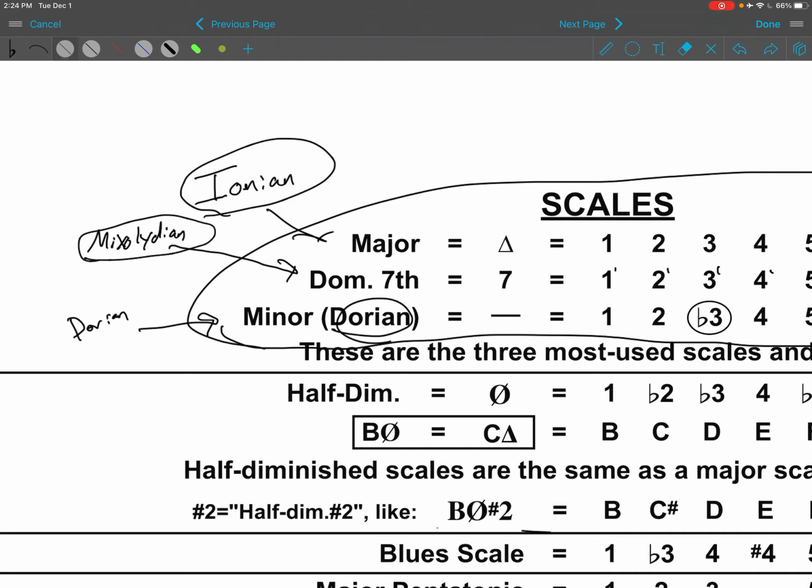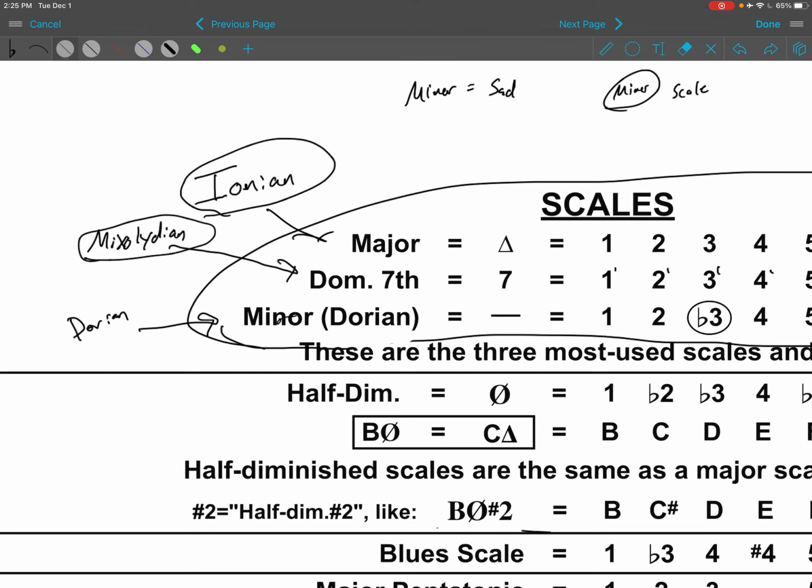And finally, for our last one here, we have the word Dorian written in parentheses around the word minor. And the reason we're doing that is because minor in music, guys, basically means a sad kind of sound, right? But when we're talking about a minor scale, that unfortunately is not specific enough, because the word minor is very ambiguous. It means a lot of different things.